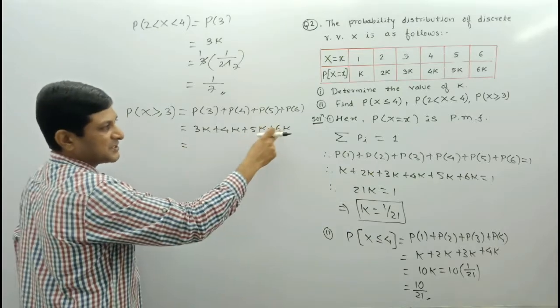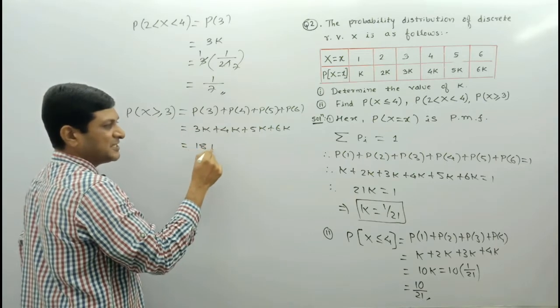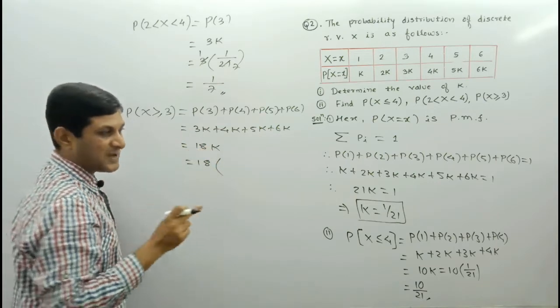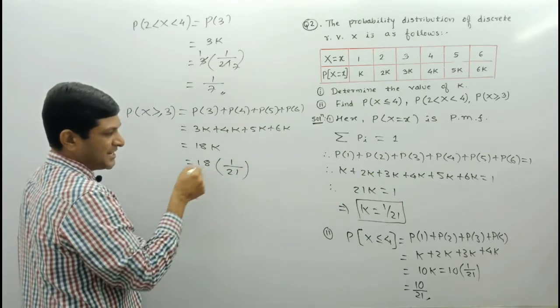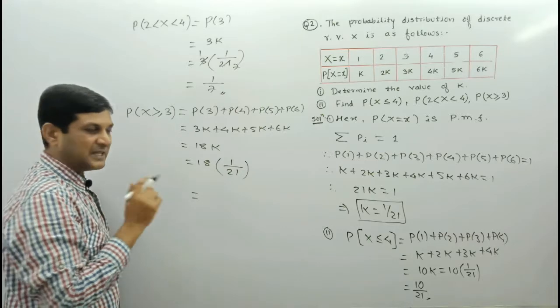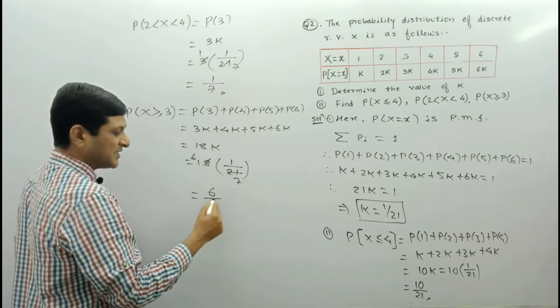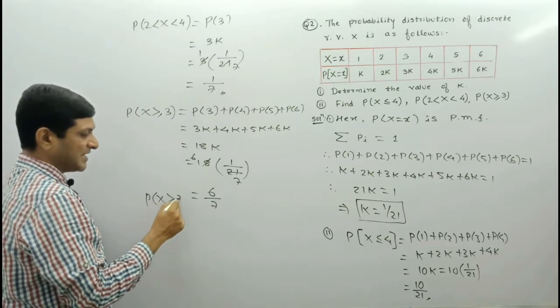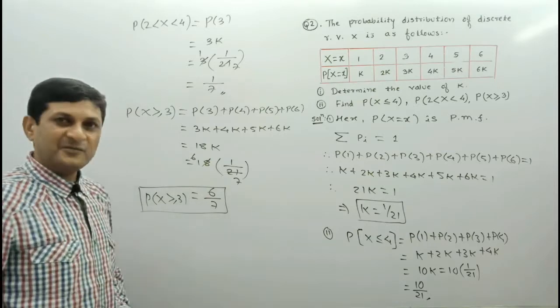Now take the addition: 6 plus 4 is 10, 10 plus 5 is 15, 15 plus 3 is 18, 18K. So 18, keep it as it is, just replace K by its value 1 by 21. Again we can observe that both the numbers are divisible by 3. 3 sixes are 18 and 3 sevens are 21. So what result are we getting? 6 by 7. 6 by 7 is the value of P of X greater than or equal to 3. In this way we have got our third required value.